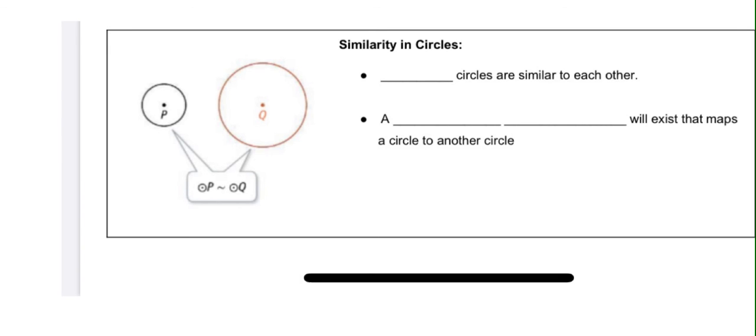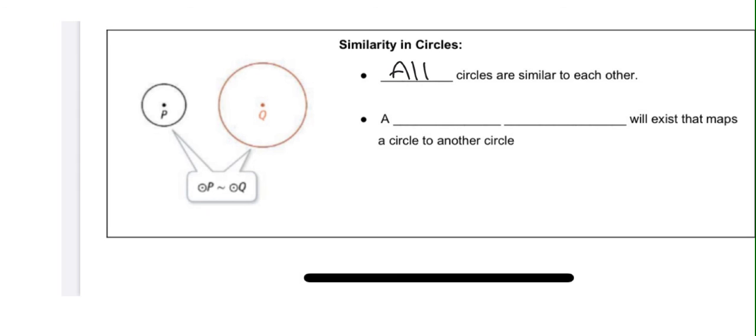The last thing I want to just go over in this section is a couple of things about similarity in circles. So things that you should remember is that all circles are similar to each other, right? They all keep the same shape. They're all circles, obviously.